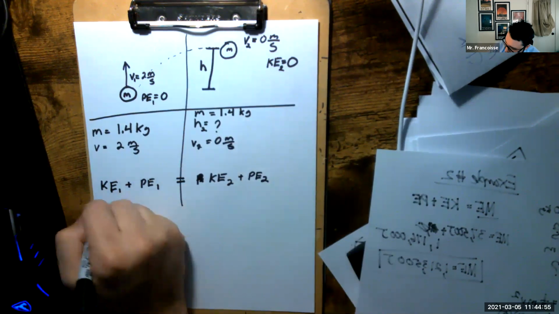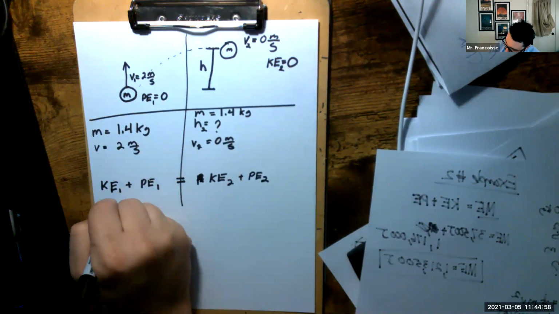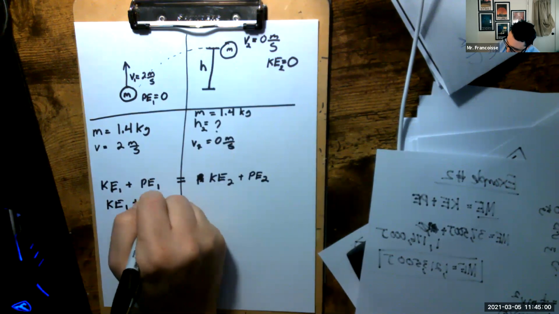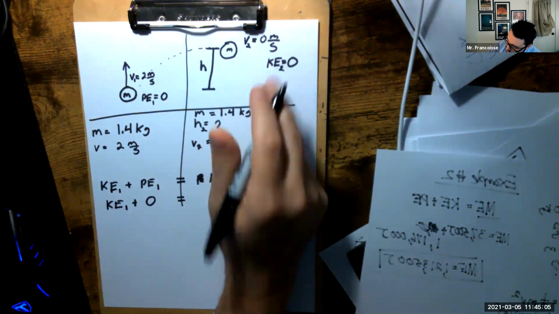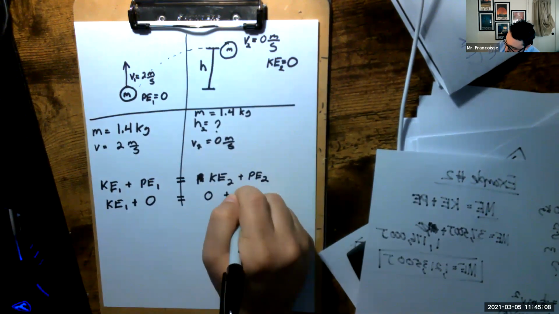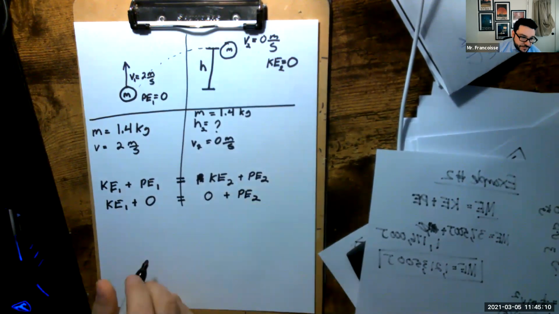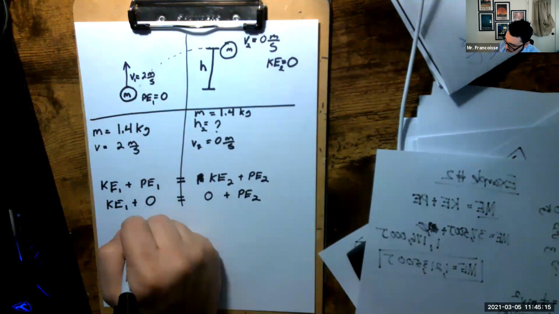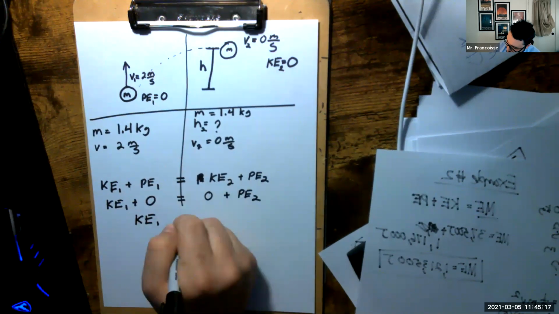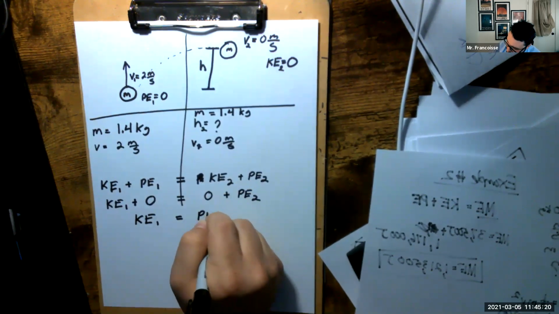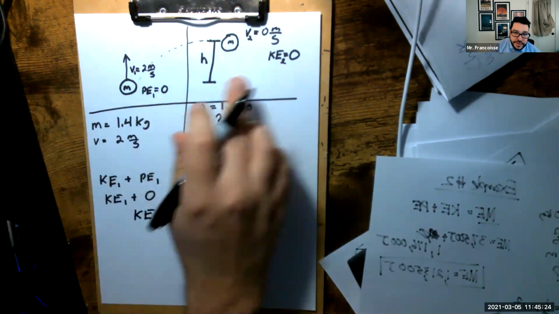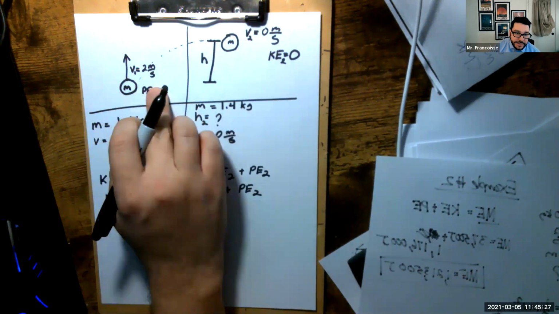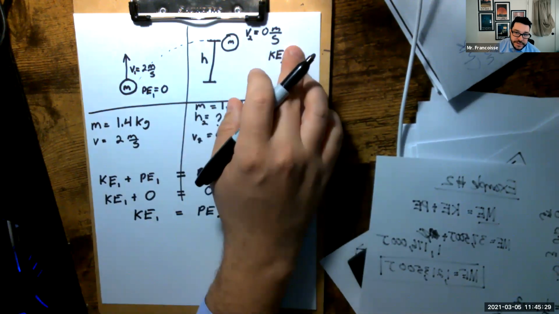So really what this turns into is kinetic energy 1 plus 0 gives us kinetic energy 2, which is 0, plus our potential energy 2. So that's going to go away. We got rid of these because this is at the lowest point, and this is 0.